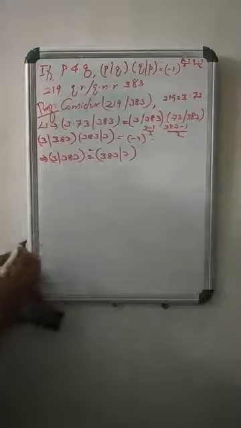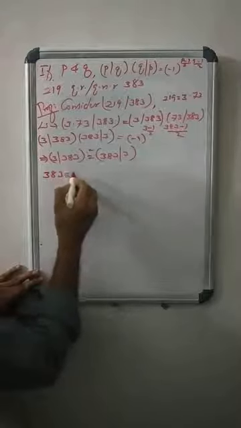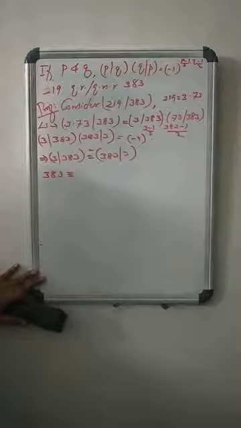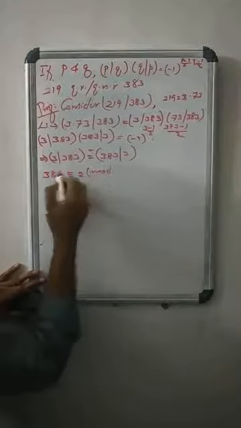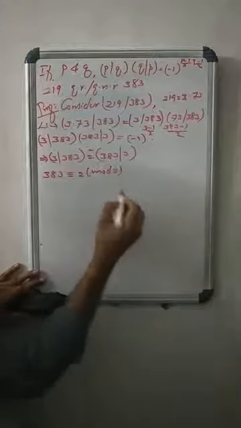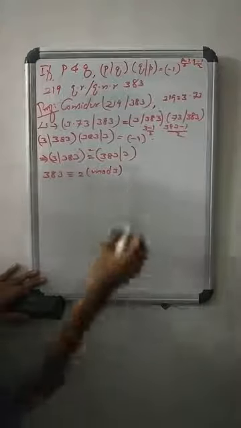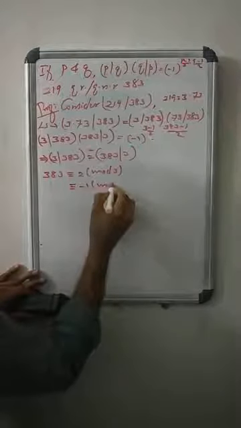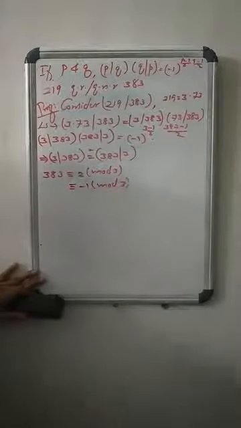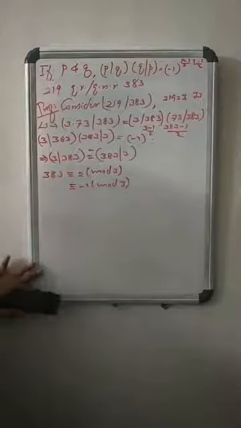But what is 383? 383 is congruent to 2 mod 3. If you divide 383 by 3, 2 is the remainder. So 383 is congruent to 2 mod 3, which means it is congruent to minus 1 mod 3.